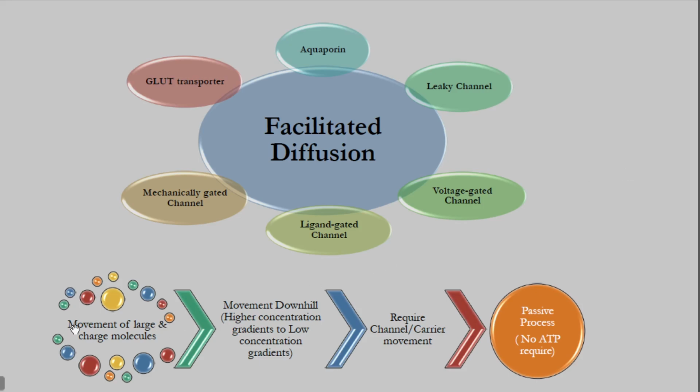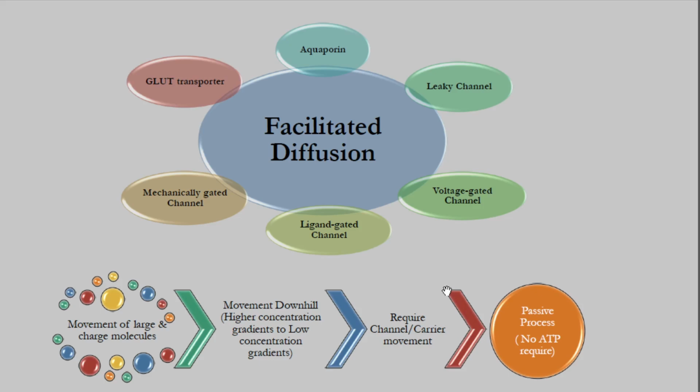But the size of the molecule is large, more than 500 daltons, and the molecules are charged. Since the molecules are charged, they require a carrier like active transport. That's why it is known as the combination of both passive and active transport. But it does not require ATP like active transport.